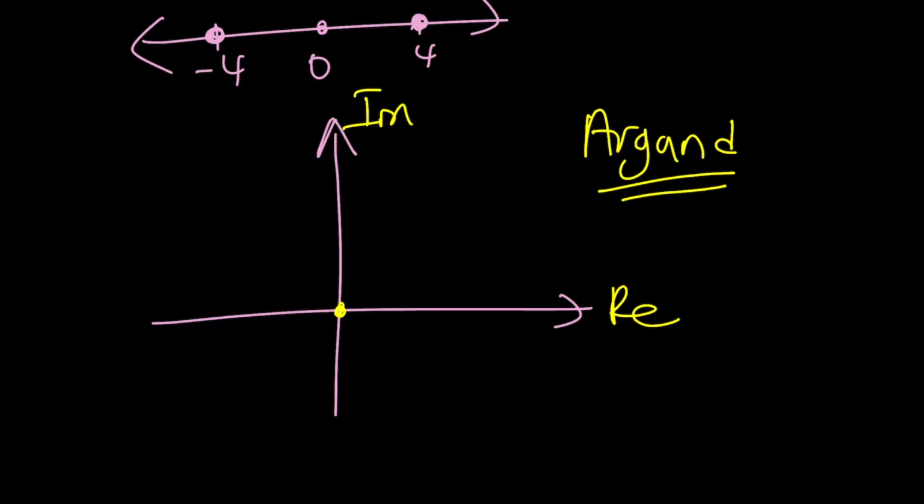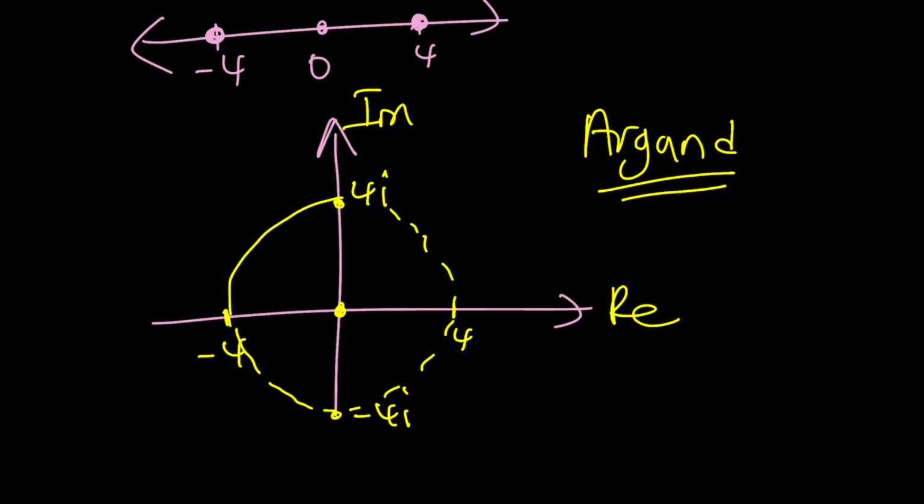Now you have to think about it this way. Which numbers in the complex plane are 4 units away from 0? Yes, 4 and negative 4 are, but 4i is also going to work, as well as negative 4i. And those are not the only ones either, because you can basically draw, is that a circle that goes through them?